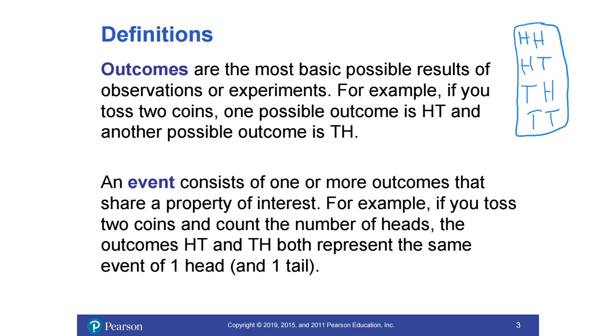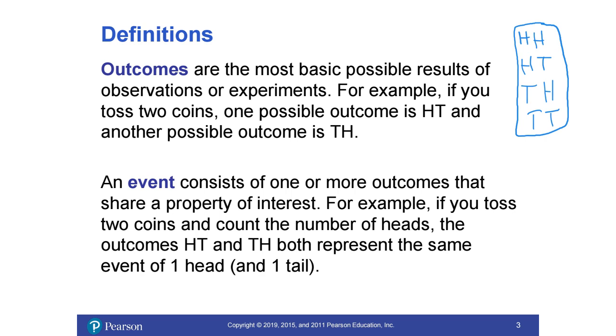An event, which is what we calculate probability of, consists of one or more outcomes that share a property of interest. For example, if you toss two coins and you count the number of heads, then the outcomes heads-tails and tails-heads both represent the same event.